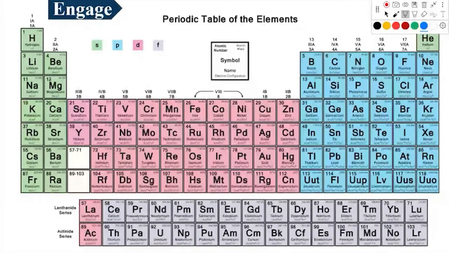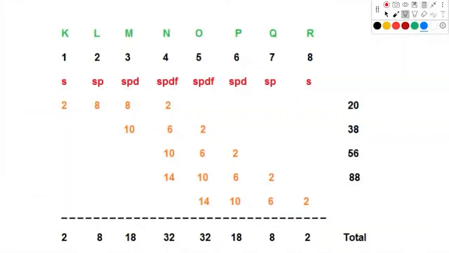Yeah, iron, which has 26 electrons. Fe has 26 electrons. Okay, let's start.